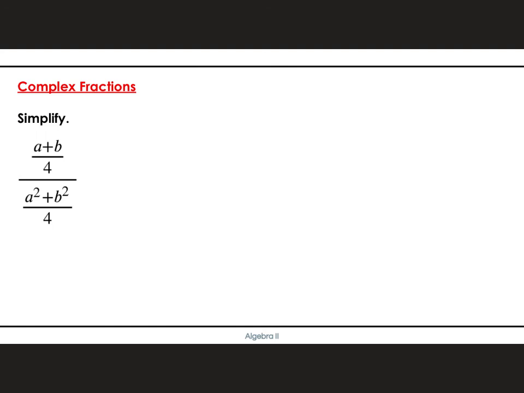So here I have a plus b over 4 divided by a squared plus b squared over 4. So the first thing I'm going to do, I'm going to rewrite it. So then it will become a plus b over 4 divided by a squared plus b squared over 4. And now it looks like problems we've seen before.